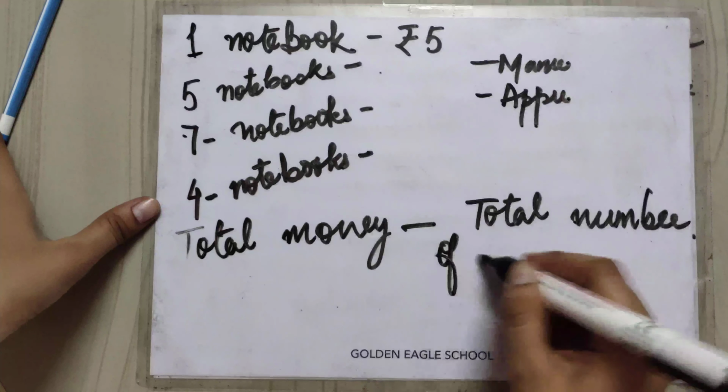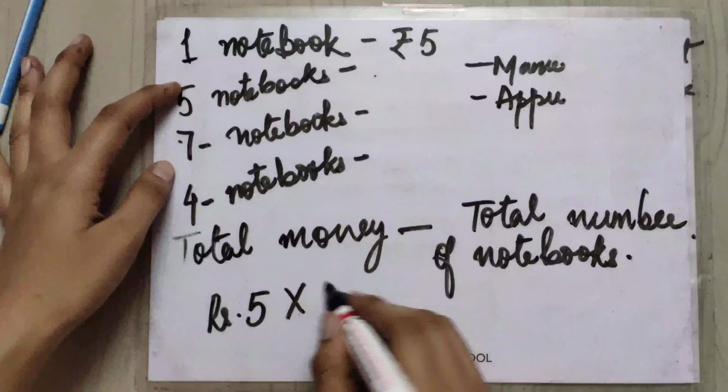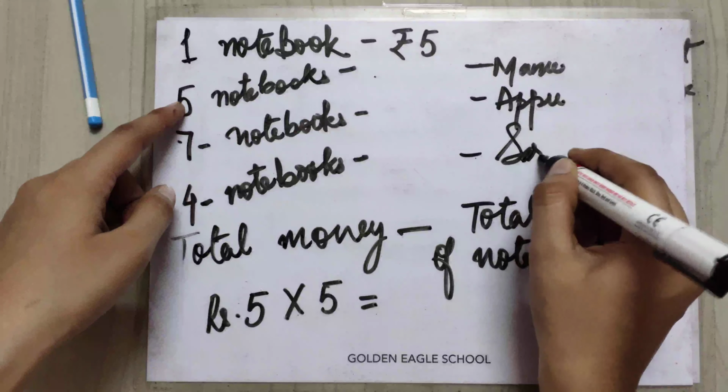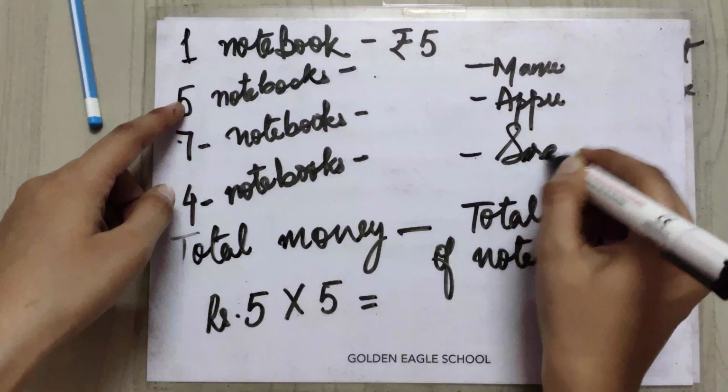So for 5 notebooks the cost will be 5 multiplied by 5, that is rupees 25. Similarly, for 7 notebooks, the cost will be 5 multiplied by 7, that is rupees 35.